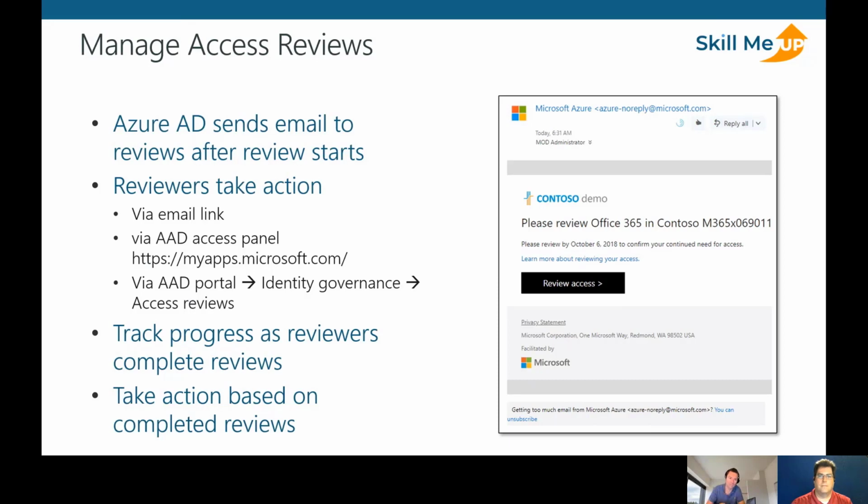But reviewers can also take action via the Azure AD Access Panel, or, for example, via the Azure AD portal. And you can track the progress as the reviewers complete their reviews in the Azure AD dashboard in the Access Review section. And you can take action based on those completed reviews.